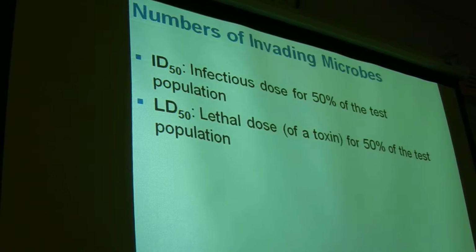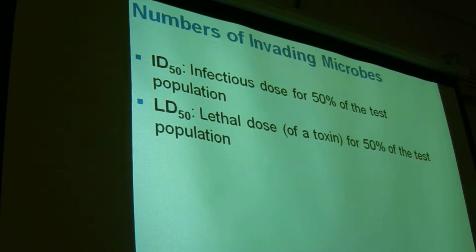So here are some of the terms that are used to describe how virulent a bacteria or virus is: the ID50 and the LD50. The ID50 is how much of a microbe or how much of a microbial toxin it takes for 50% of the population to be infected.